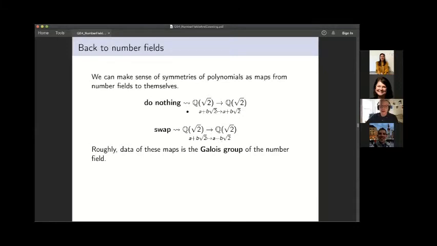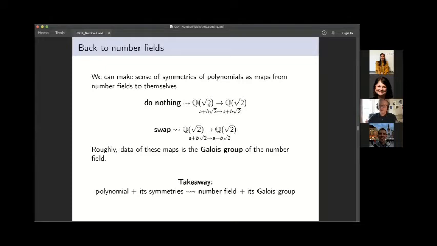The data of how these maps, the do nothing map and the swap map, or whatever analogous map you have for some polynomial, the data of those maps and how they act on the relevant number field, in this case Q adjoin the square root of 2, is called the Galois group of the number field.